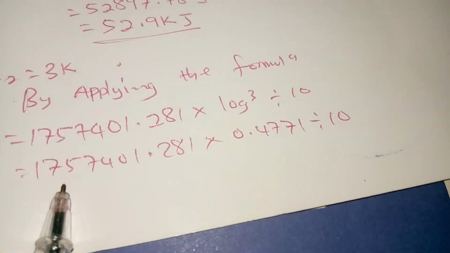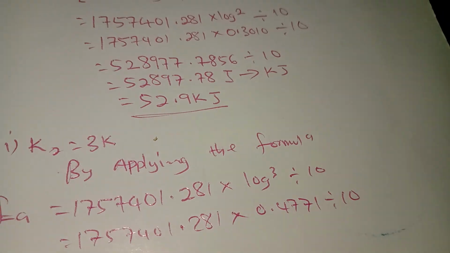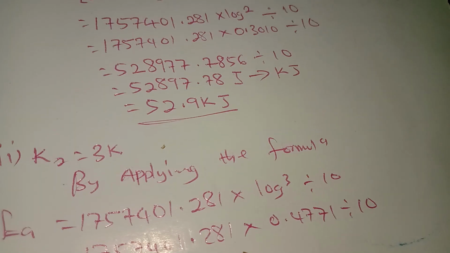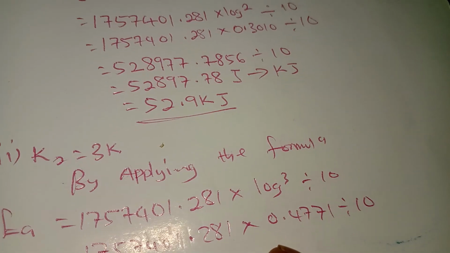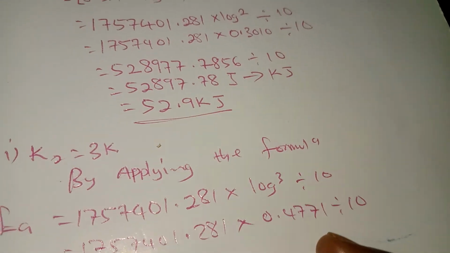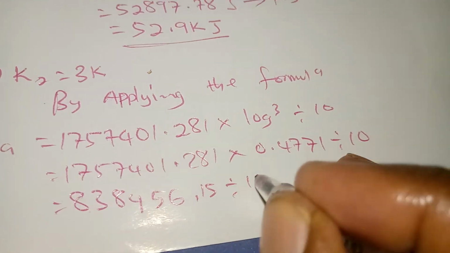So by multiplying this by this, what you are going to have is 838,456.15, still divided by 10.